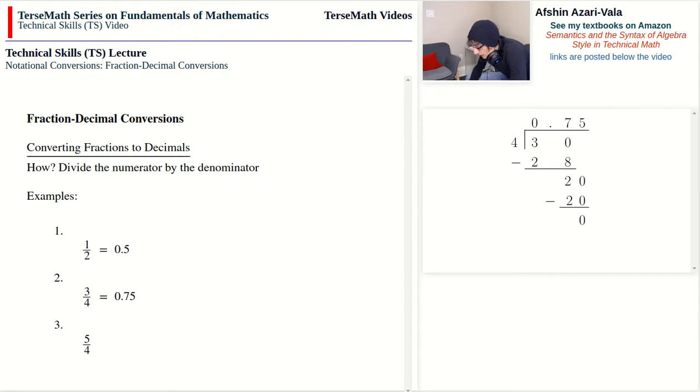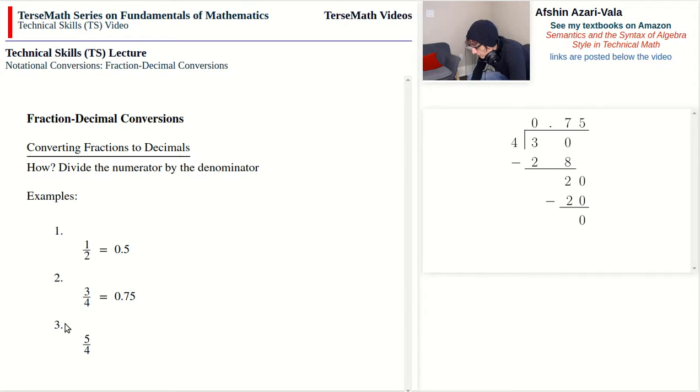Okay, problem number 3. Now, one thing that you notice about problems 1 and 2 is that the fractions that we had, 1/2 and 3/4, both of them are proper fractions. Size-wise, their sizes are less than 1. You can just visualize 1/2 is less than 1 and 3/4 is less than 1. And you notice that the decimal equivalent has a 0 as a whole part, right?